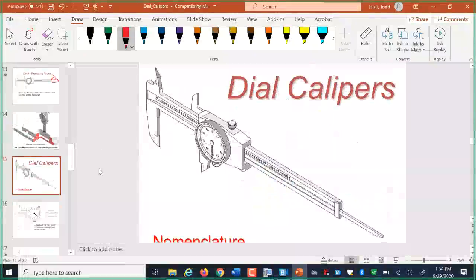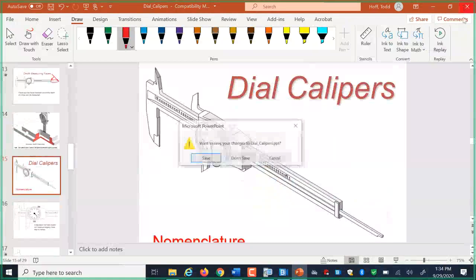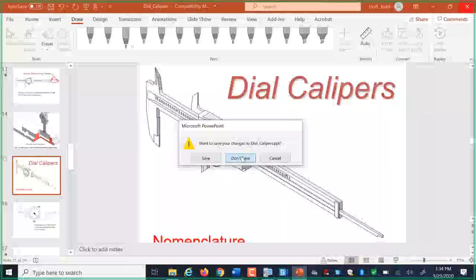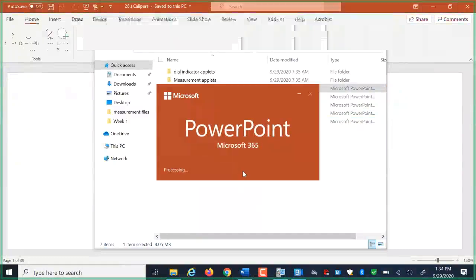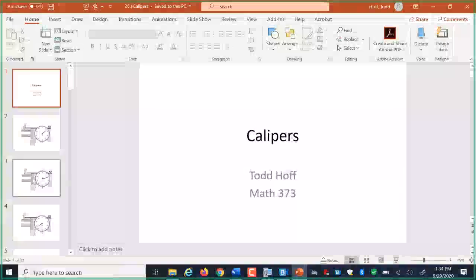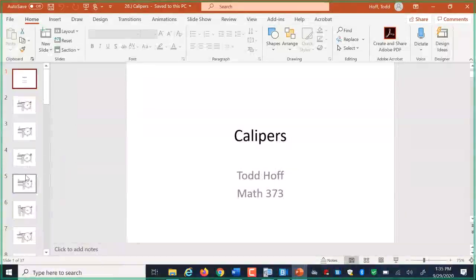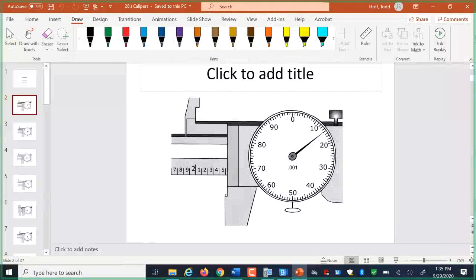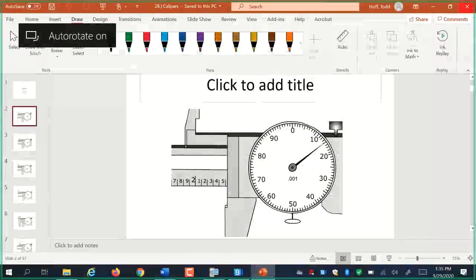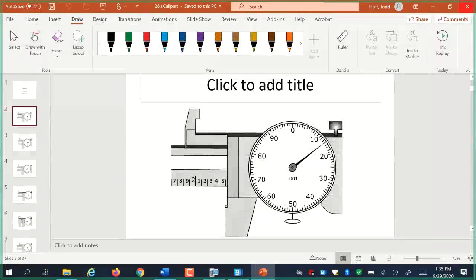So now with that, let's take a look at how we read these calipers. This is an inch caliper, again, a dial caliper. There are 2 scales that need to be read, the main scale and then the dial.